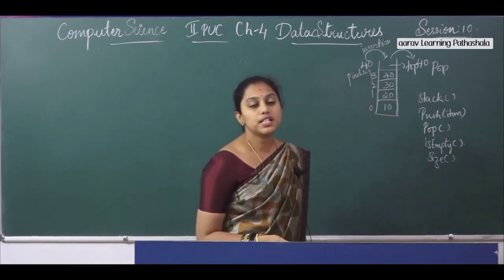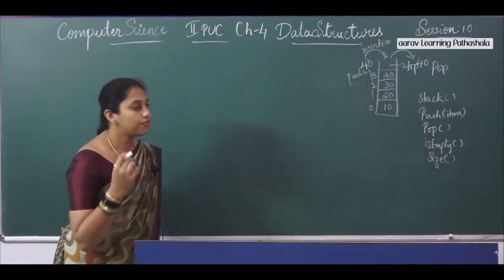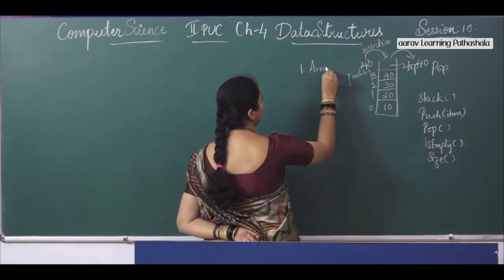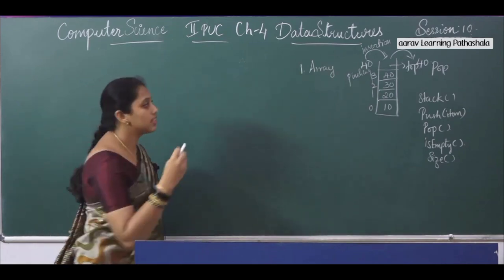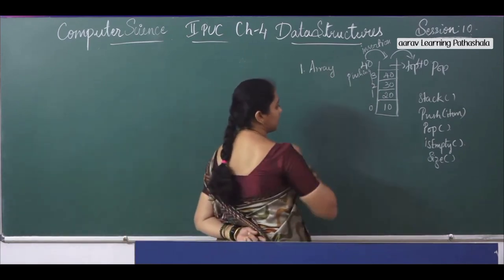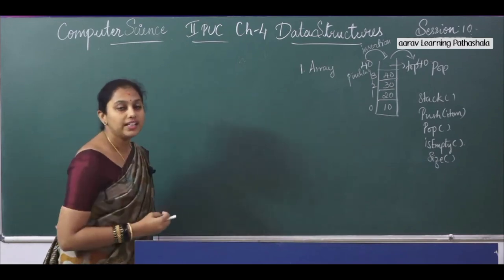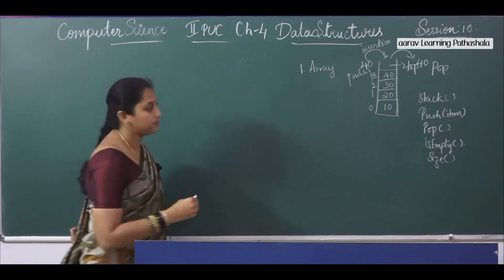When it comes to the representation of stack, there are two types. The first one is array representation of stack. So in array representation of stack, the size of the array is fixed. So here we are storing the items of stack in an array.